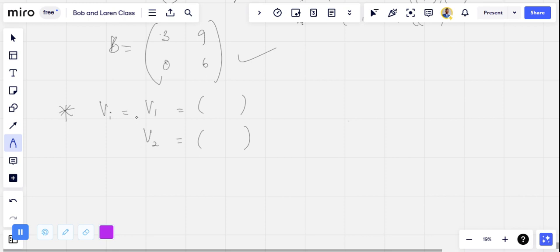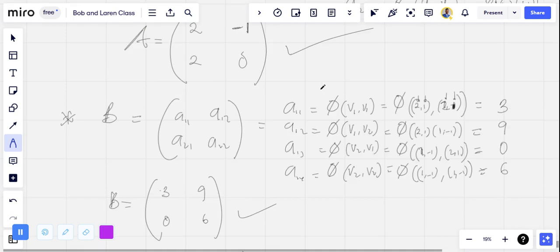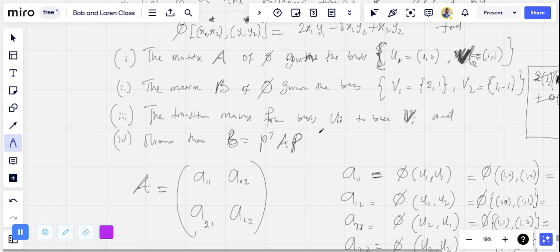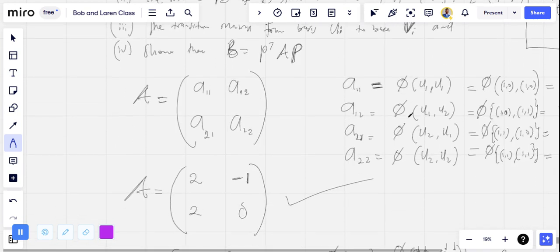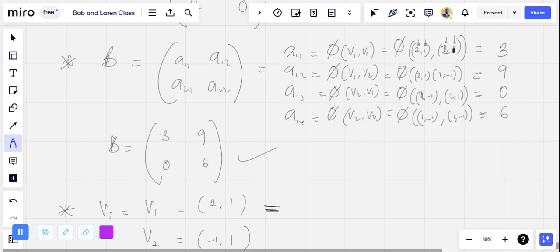Now, for this V1, remember that V1 is given to us as 2, 1, and V2 is given to us as minus 1, 1. That is for Vi. So at this V1, there's a proposition that says V1 will be equal to, we want to find the transition matrix from Ui to basis Vi, right?